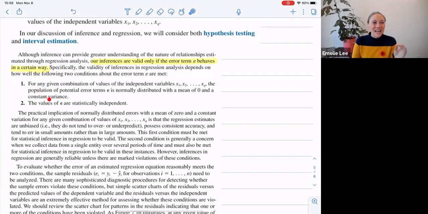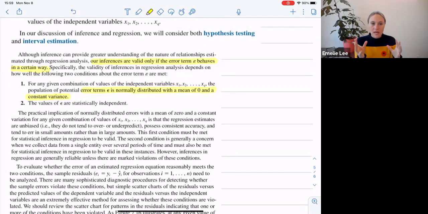Are these error terms normally distributed with a mean of 0 and constant variance? Basically, in the simple linear regression case, are the points randomly scattered around the line? You don't want to have some relationship around the line.